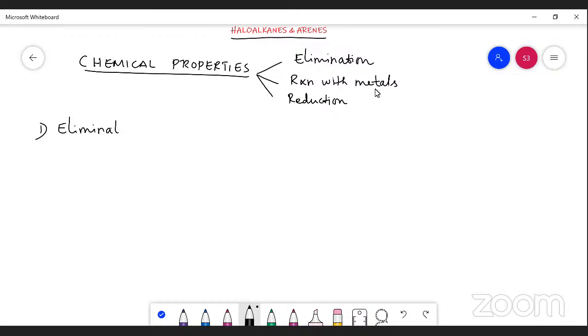Okay, elimination reaction. On seeing the topic, the word itself tells you that we are going to eliminate something from the reaction. But what is the condition for an elimination reaction?